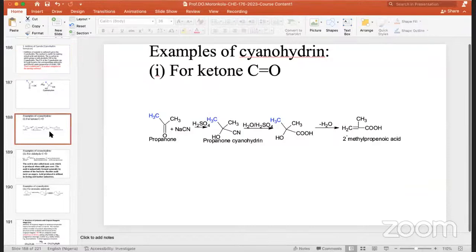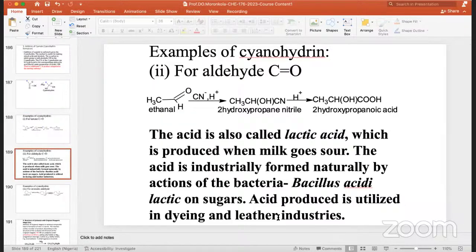But let me just say here, this compound is important in the formation of our lactic acid, which we use in some of our drinks, yogurts specifically.